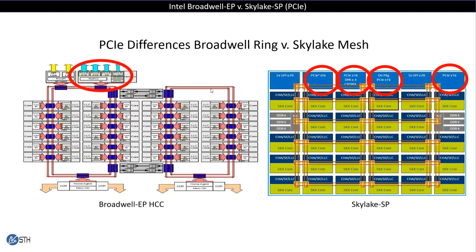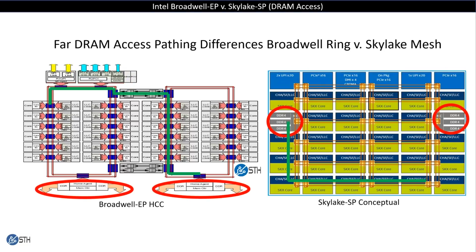Another major architectural difference is that you'll see that this has one hop and one stop, whereas there's a PCIe stop here, another one here, there's a PCIe stop at the end, and then there's this on-package PCIe x16 stop that we'll get to in a little bit.